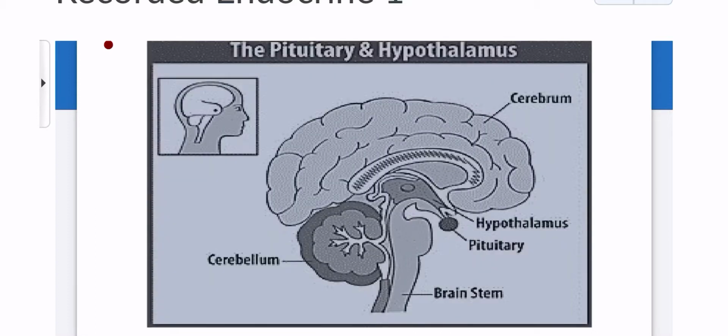Looking more closely at the pituitary and hypothalamus, you can see they're located there just above the brainstem and the cerebellum. And the pituitary gland is many times called the master gland, but it does rely very heavily on the hypothalamus to function, and you'll be talking more about that in fourth semester.